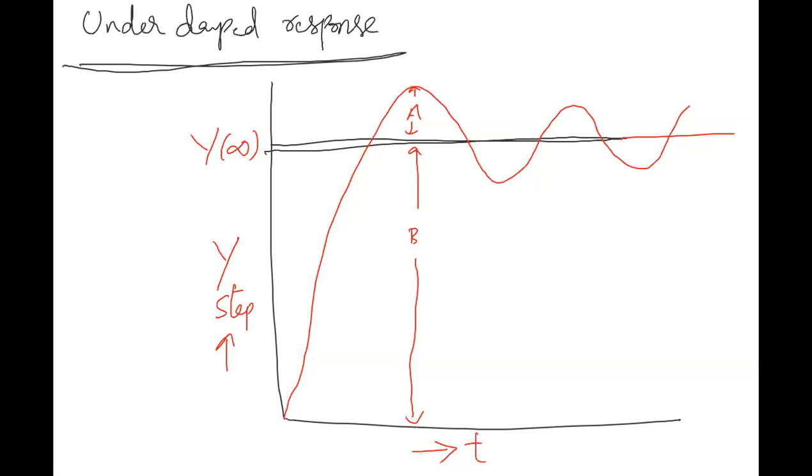A, B, this is C. So this is how the response looks, with A, B, and C. We will define some terms here.